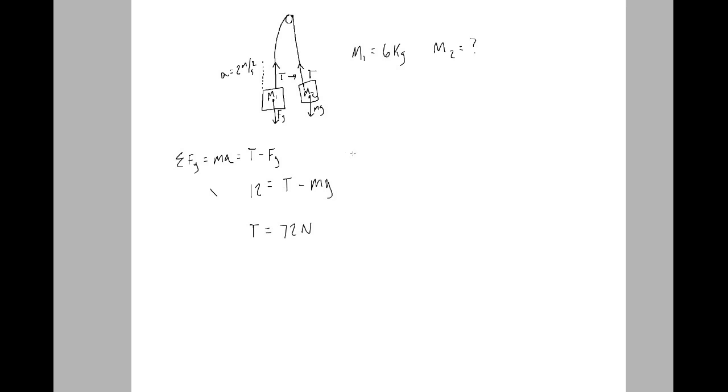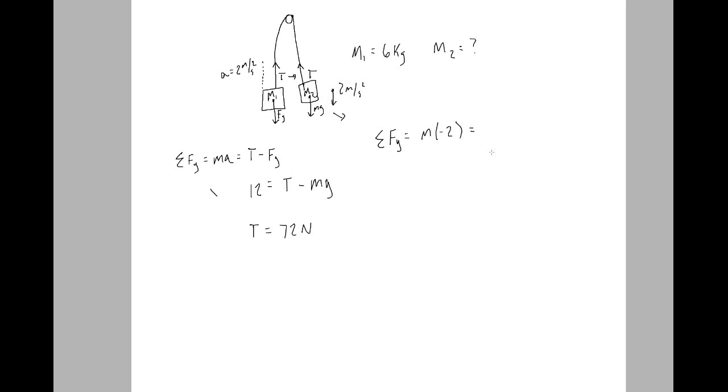Now, if this block is accelerating up at 2 meters per second squared, that means this block needs to be accelerating down at 2 meters per second squared. So over here, the sum of my forces in the y direction is my mass times acceleration, and here it's going to be negative 2 meters per second squared.